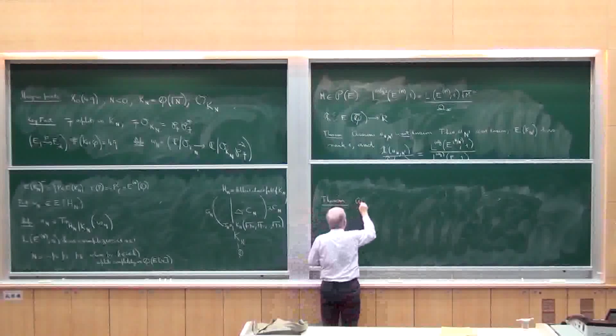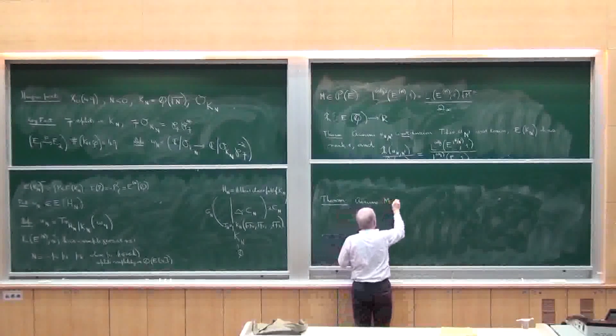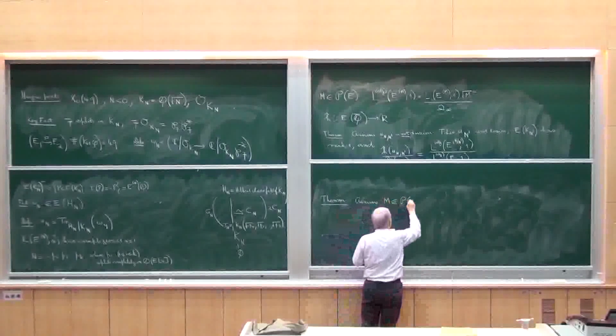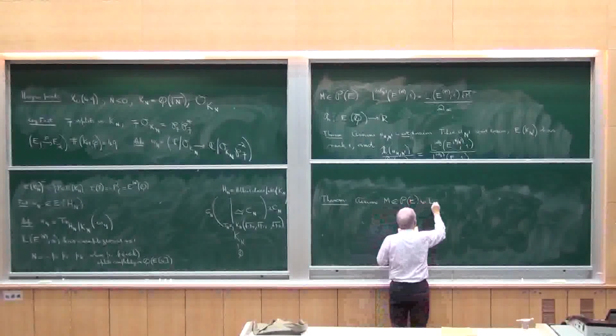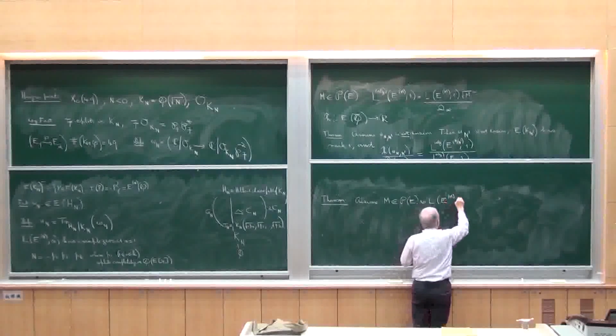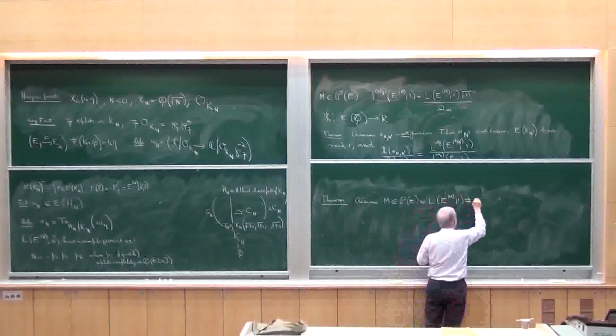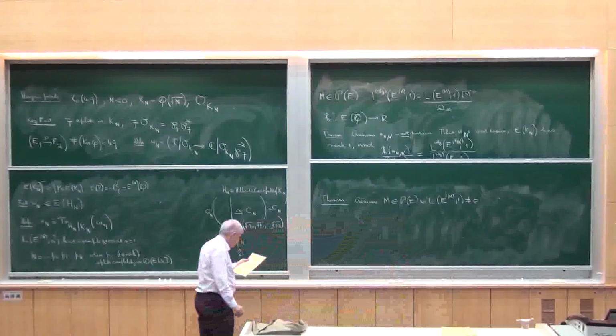So assume that n does belong to this set P of E, and L of E to the n, at 1, is not zero. If it's 0, we don't care, because then my point would be torsion.